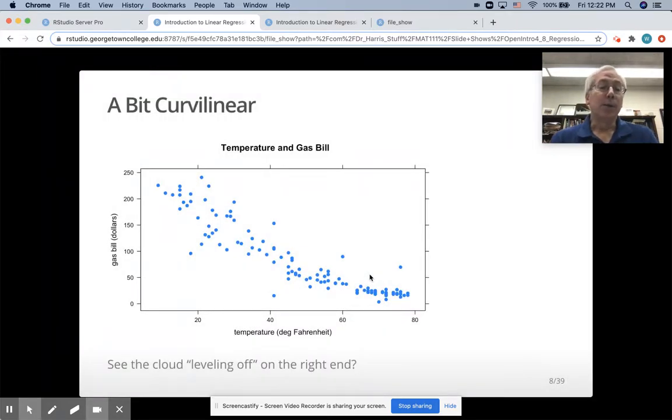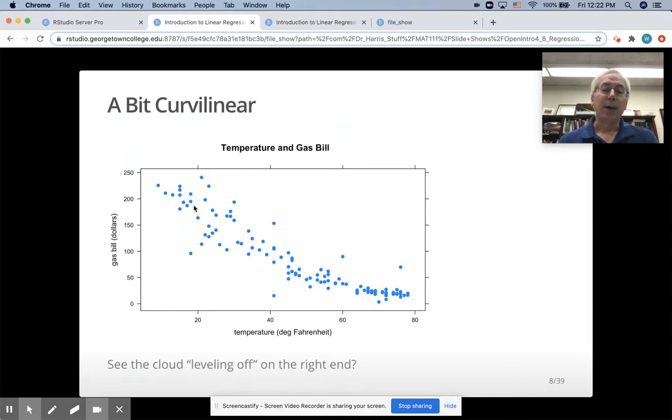And this one looks somewhat linear. It trends downward as we read left to right, but then I would say that it definitely curves off as we get closer and closer. This is a scatter plot involving the average temperature outside during a month and that month's gas bills. I think we looked at this one a little bit back in chapter 1.